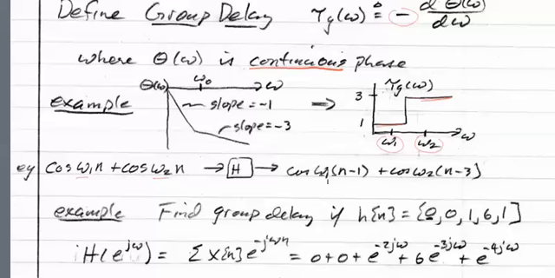The cosine whose frequency is omega1 is going to experience a delay of 1 sample, so that's how we show that, 1 sample of delay. And the cosine whose frequency is omega2 is going to experience 3 samples of delay. So that's how we write that thing. And when we add this together, this thing is going to look a lot different than this thing because we've got this phase distortion.